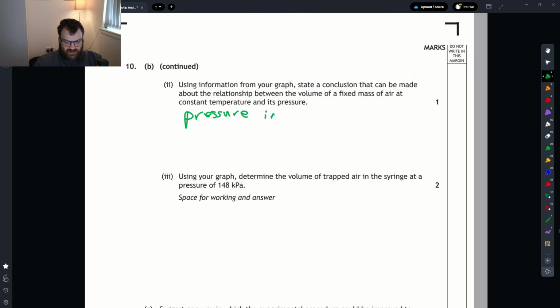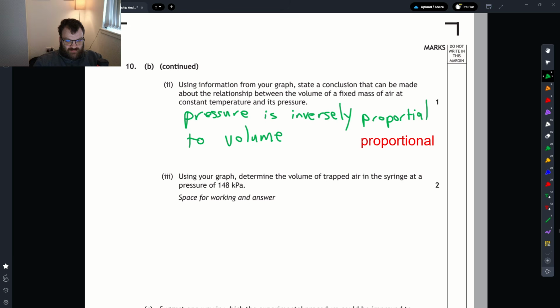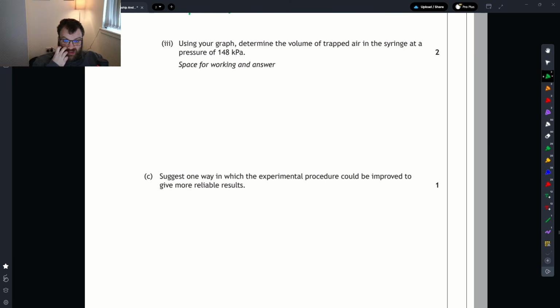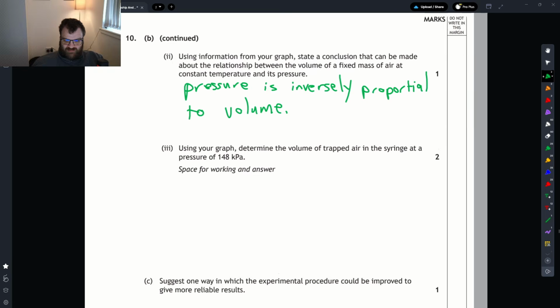Pressure is inversely proportional to the volume.